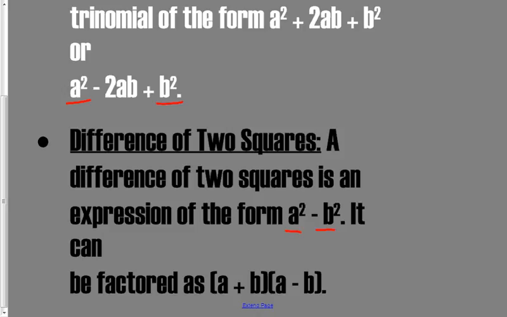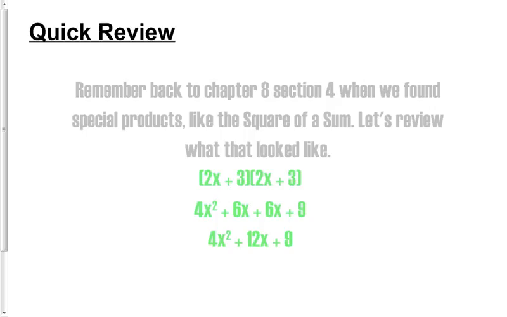So, quick review. We talked back in section 4 of this chapter about special products, multiplying special things, like the square of a sum. So when you had 2x plus 3 squared, that's just writing out 2x plus 3 times 2x plus 3. Remember, it's not just distributing the square to the two things in there.